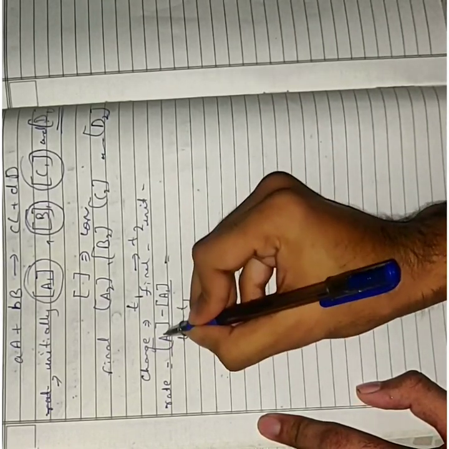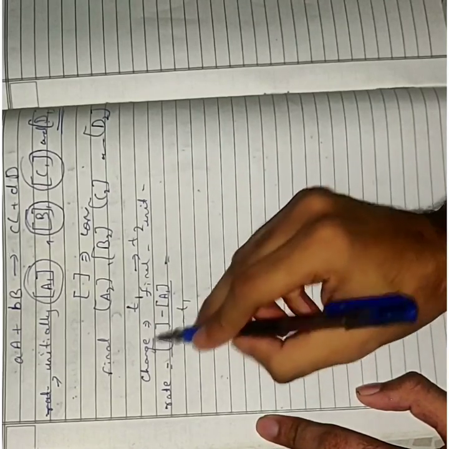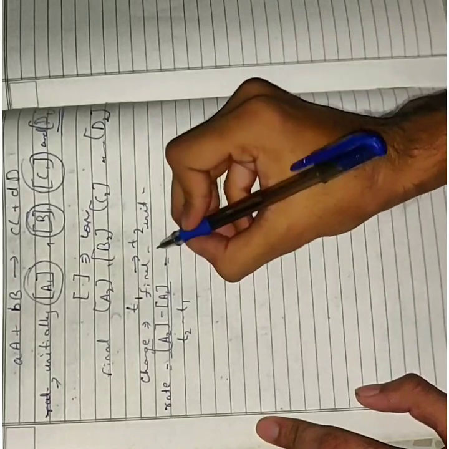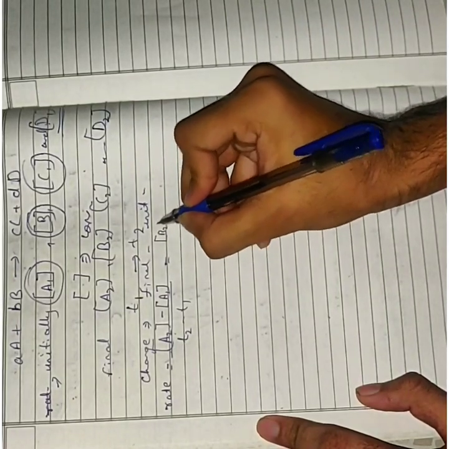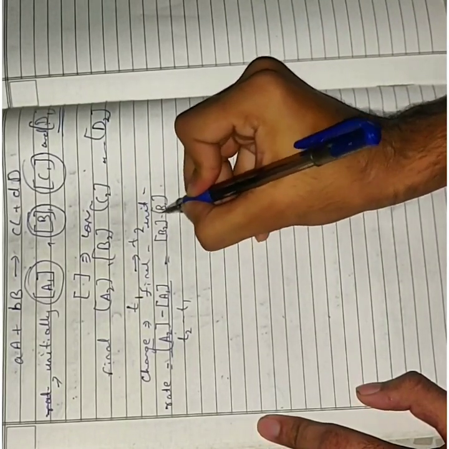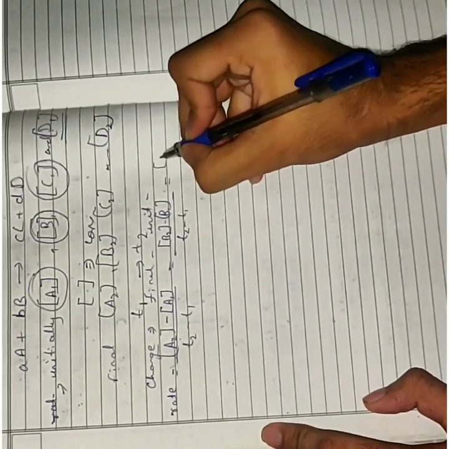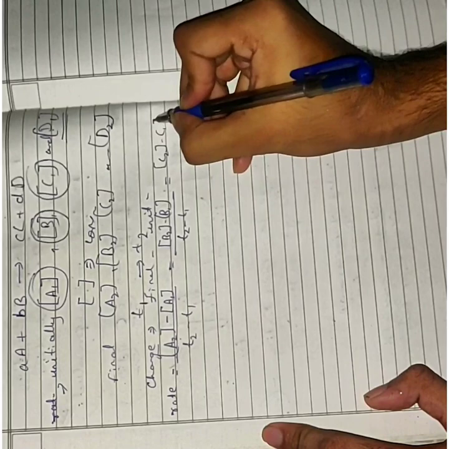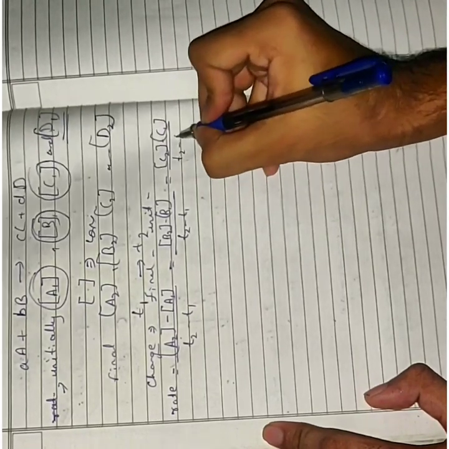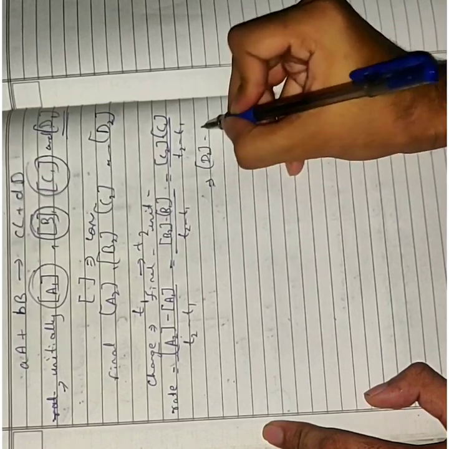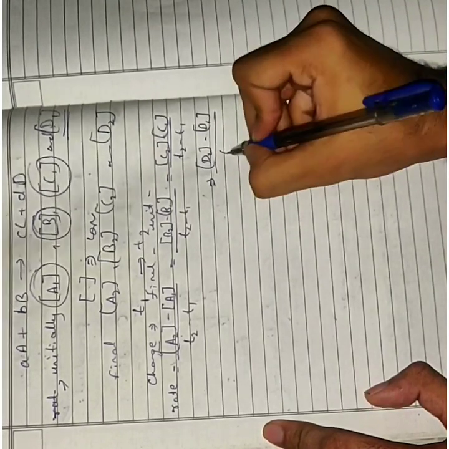Again I am using the square bracket to represent concentration. So this is read as concentration of A2 minus concentration of A1, which is also equal to concentration of B2 minus B1 upon T2 minus T1, can also be written as concentration of C2 minus C1 upon T2 minus T1, can also be written as D2 minus D1 upon T2 minus T1.